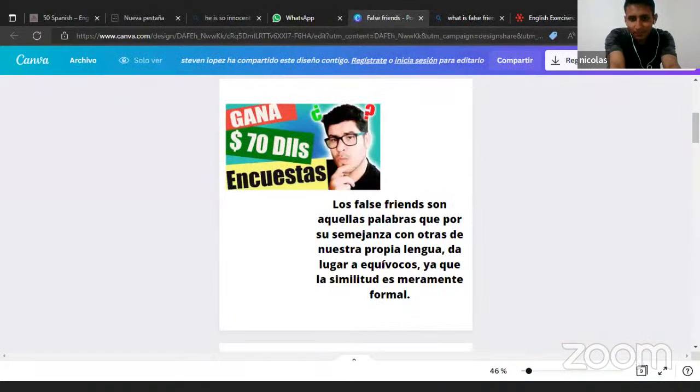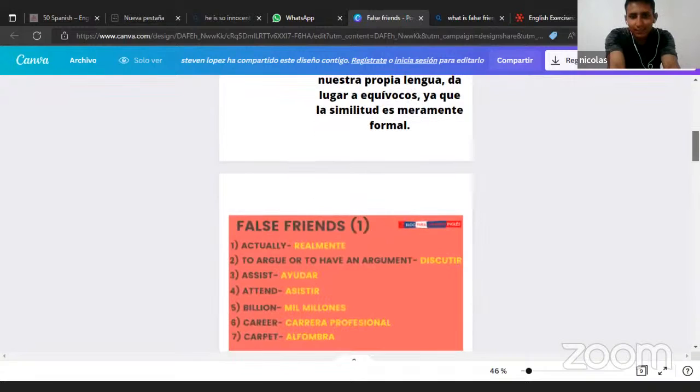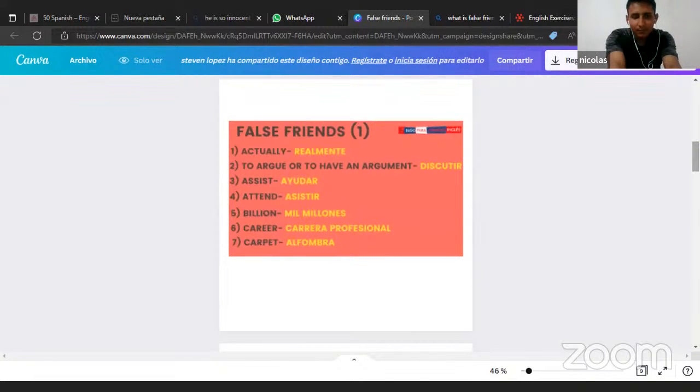Okay, in this case the words have similar sounds but different meanings. Actually is realmente. To assist es ayudar. Attend es asistir.